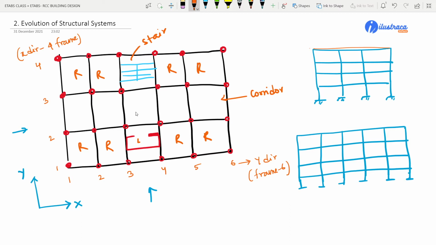Now what will these frames do? When we have dead load and live load, the gravity loads, as I explained in our last class, all the frames will be able to take the gravity loads. That's not an issue.